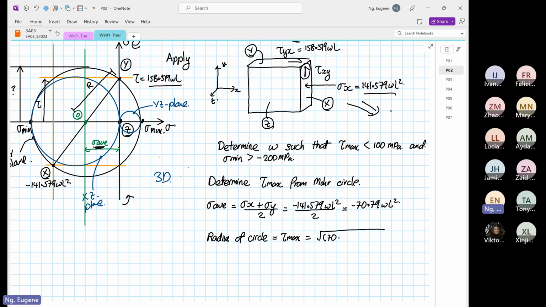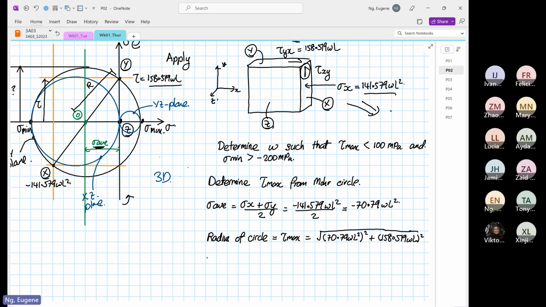Because we are going to square them, you can drop the negative: 70.79 omega L squared, the whole thing squared, plus the shear 158.519 omega L, and the whole thing is squared. So the tau max equation is the square root of 70.79 omega L squared, the whole thing squared, plus 158.519 omega L squared.